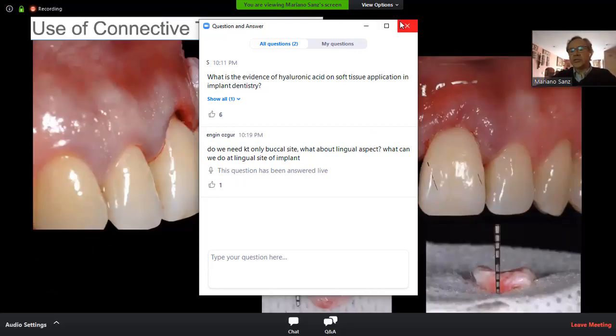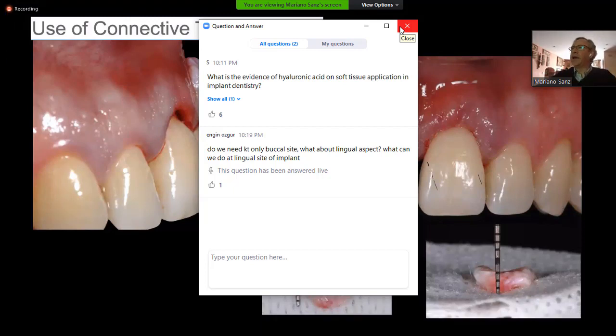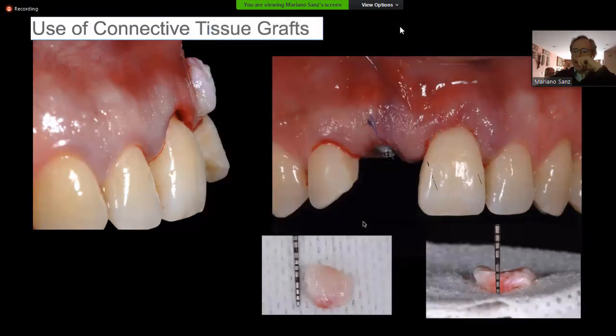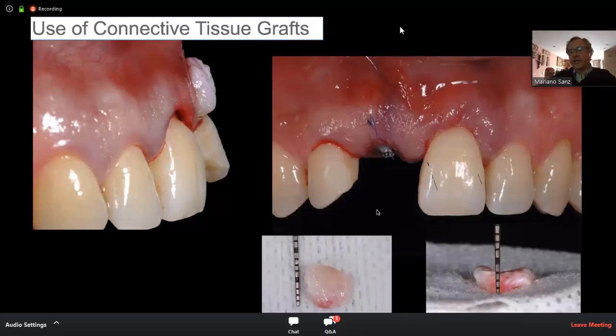So in these situations, mainly when we do immediate implant placement, we need to compensate not only the dimensional changes of the buccal bone plate, but also the loss of connective tissue.